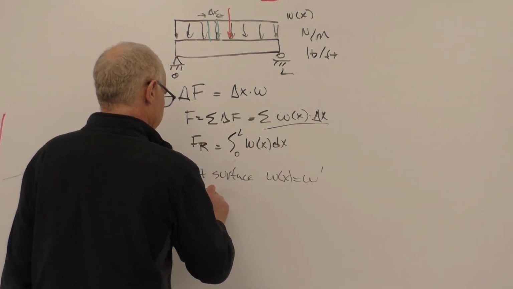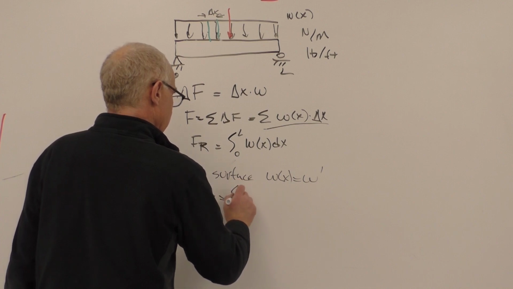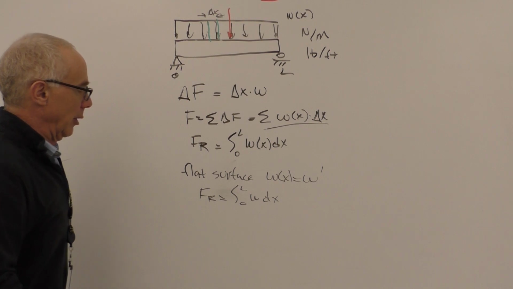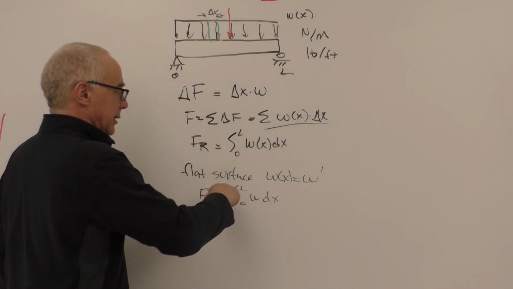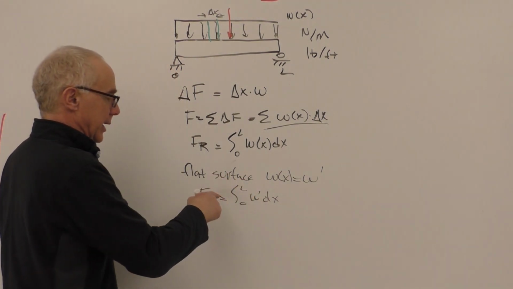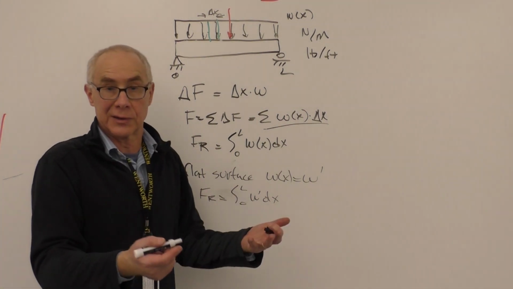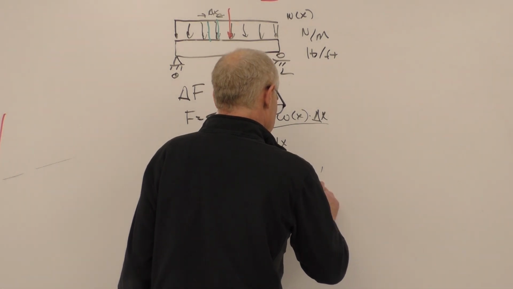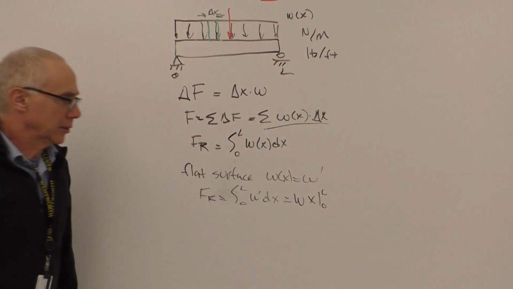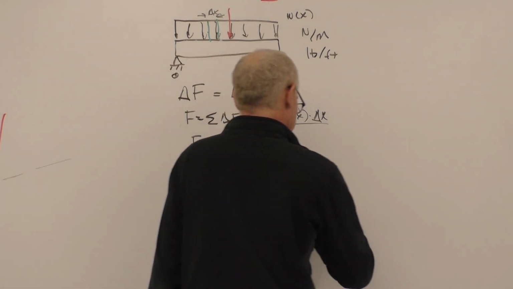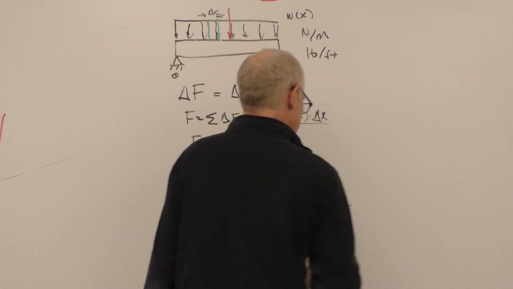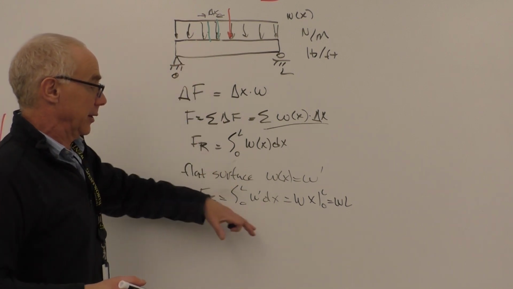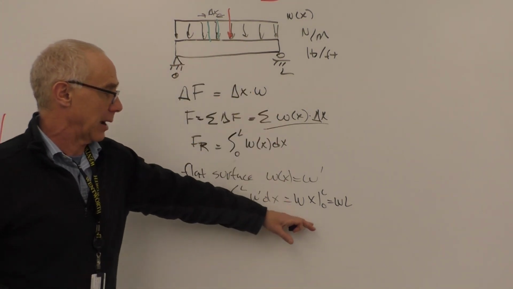So then we can take F of R equals the integral from 0 to L of W dx. And what we realize is that W, or W prime, is constant, so we can take it out. And the integral of dx is just x. So that's going to be equal to W x from 0 to L. Right, simple calculus, and now we end up with W L, which is what we said from the beginning. We already understood without doing this analysis that was the case.